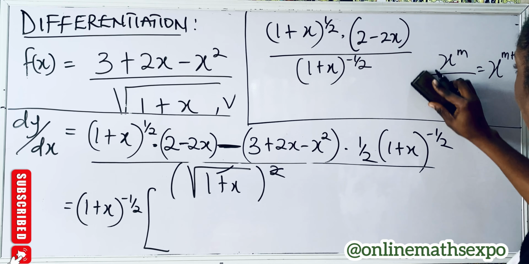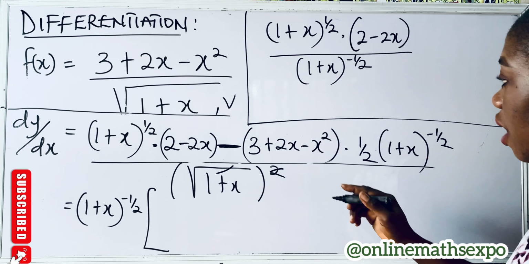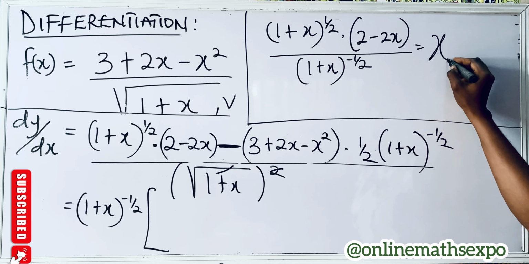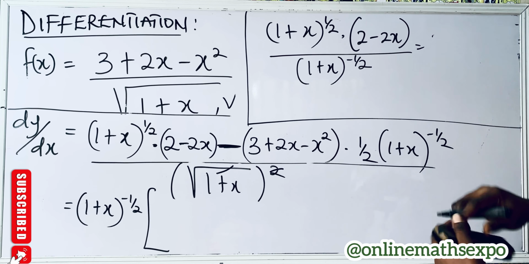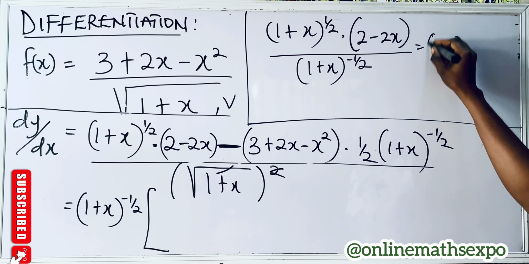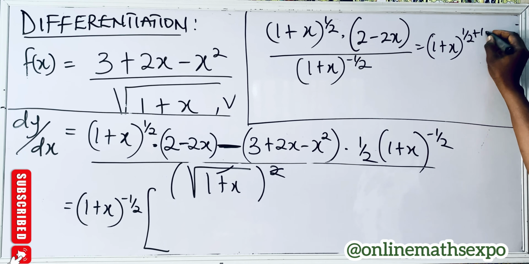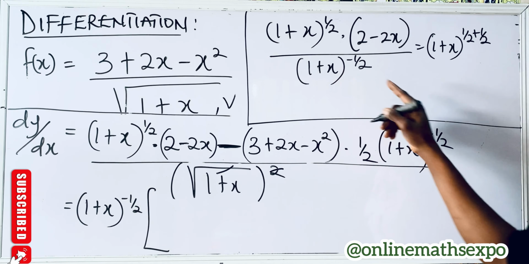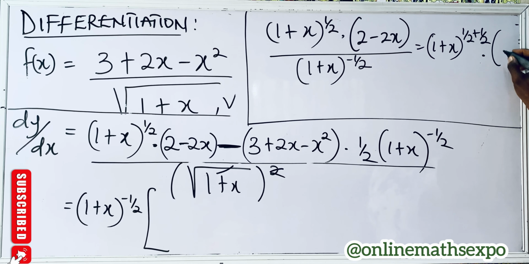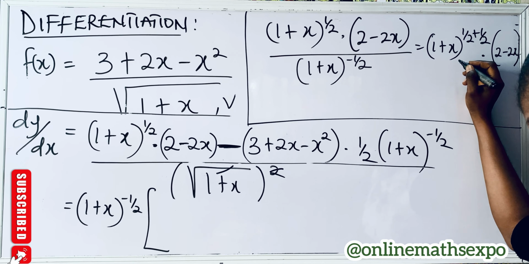So if you are simplifying this, this will give us 1 plus x to the power of half, and this will become plus half, because it's negative. Then we multiply our result by 2 minus 2x. Half plus half will give us 1.